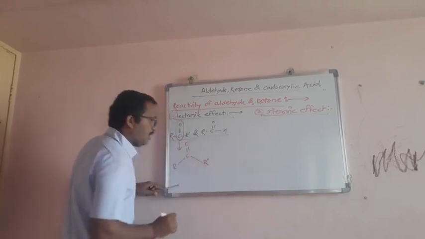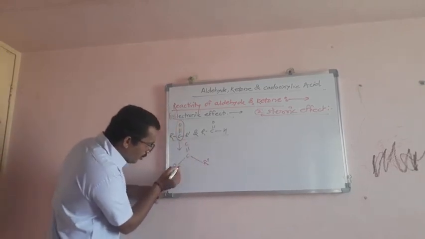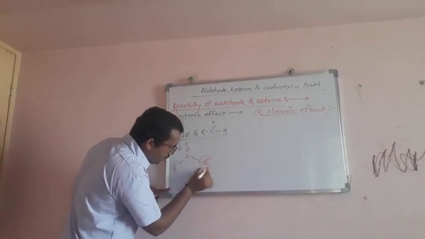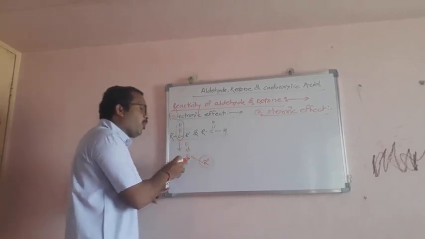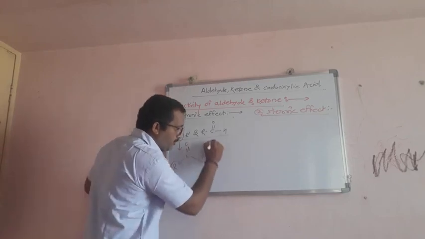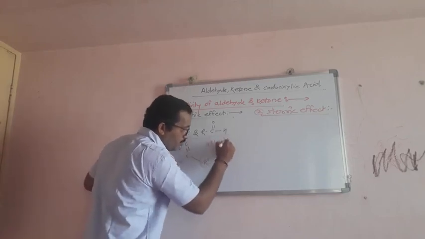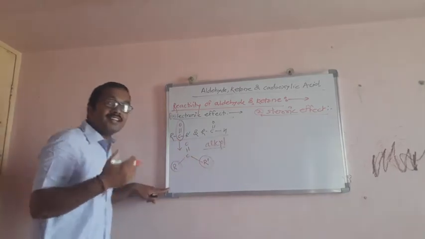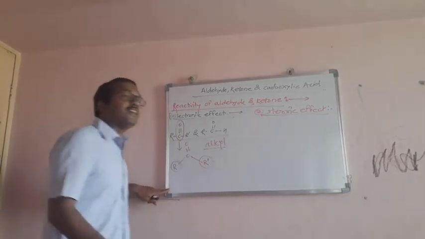There are two alkyl groups bonded to this carbonyl carbon, and an alkyl group is electron donating.